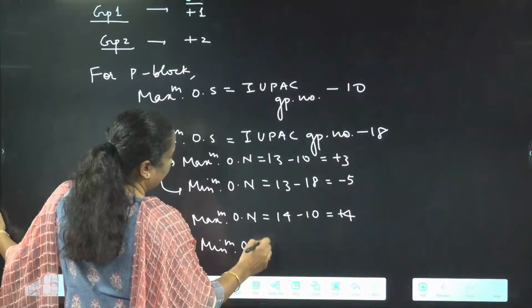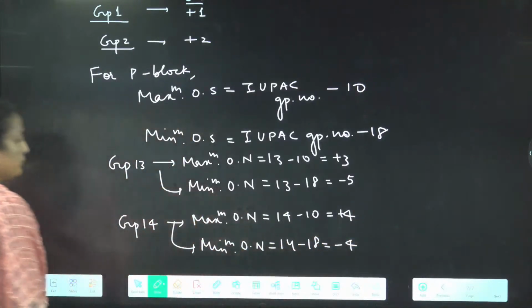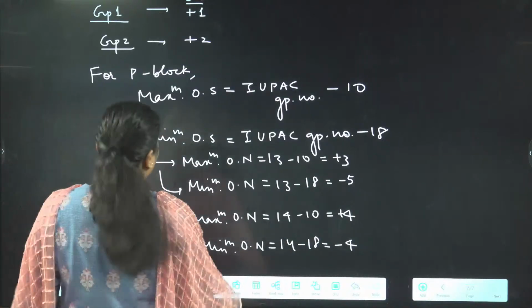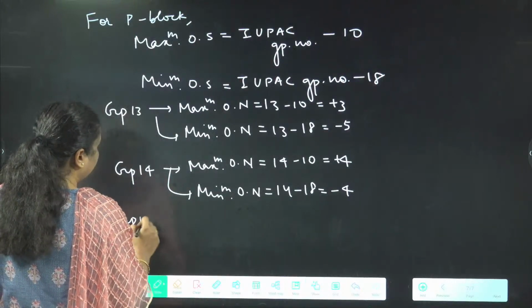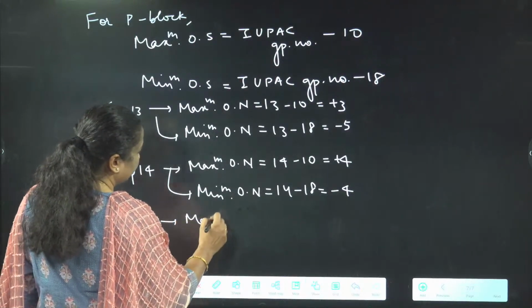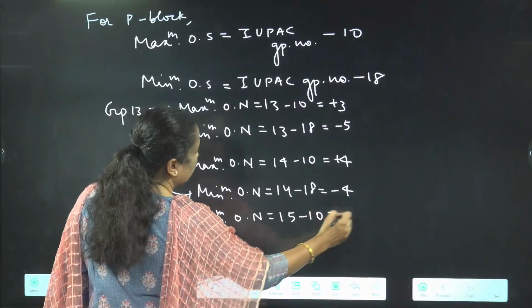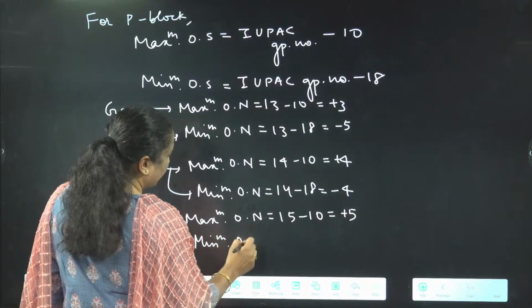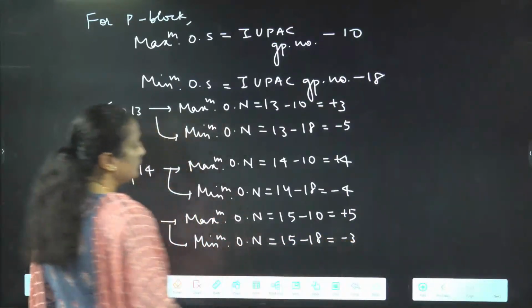Minimum oxidation number you will have 14 minus 18, which is -4. For group 15, maximum oxidation number is 15 minus 10, which is +5, and minimum oxidation number is 15 minus 18, which is -3.